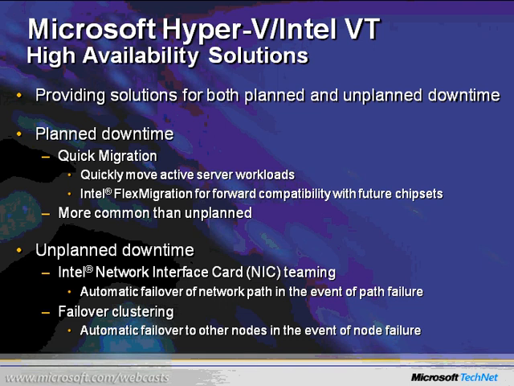Quick migration allows a Hyper-V host to quickly save the running state of a virtual machine so that it can move that virtual machine over to another host. In order for that move operation to take place, the virtual machine, the child VM, does need to be stored on external storage, such as a storage area network, that all of the hosts in the cluster have access to.